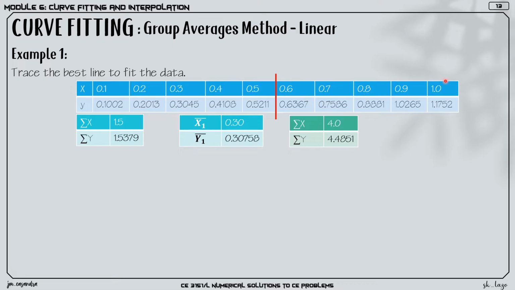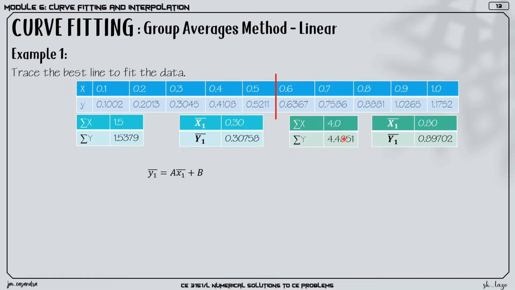So we have 5 coordinates, so we divide the values by 5. So average x2 bar is equal to 0.8, and average of y sub 2 is 0.89702.